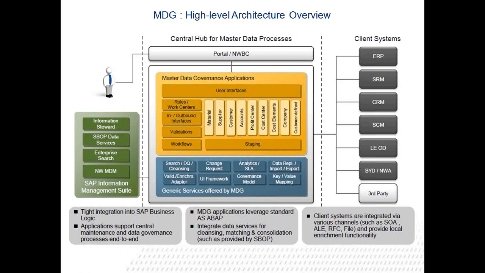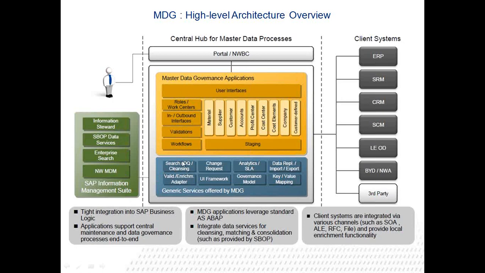How can we achieve this? If I connect my MDG system to the information management suite, which is an additional product that we normally have at any customer, we can connect our MDG to the SAP Business Data Services, which can enrich your master data and cleanse it by showing the duplicates and enriching the address.